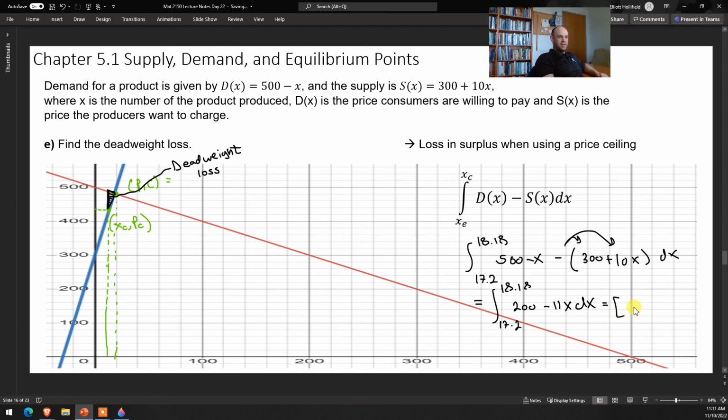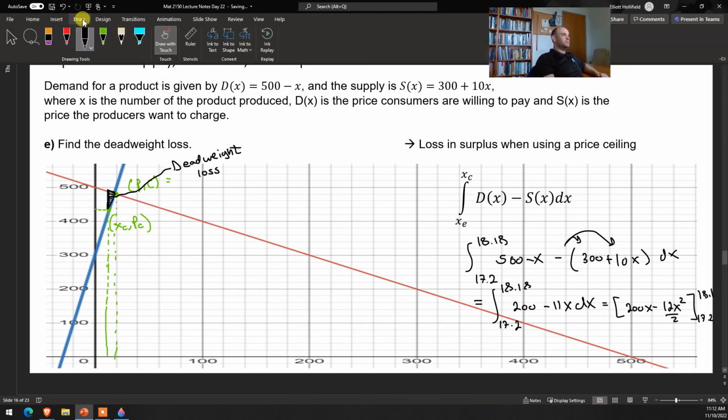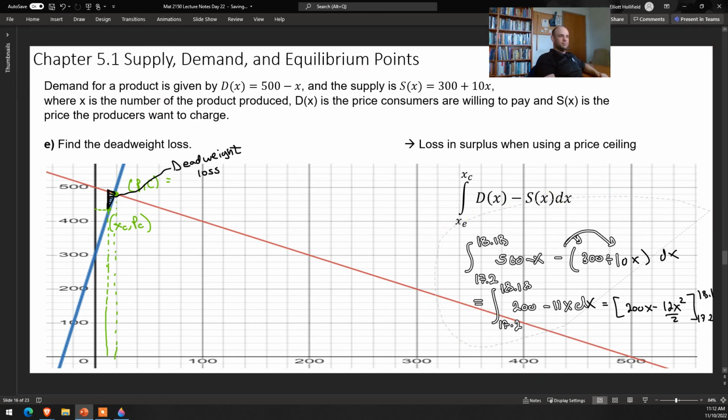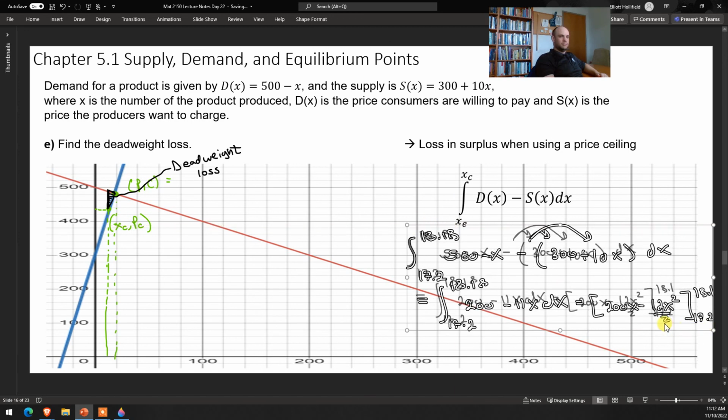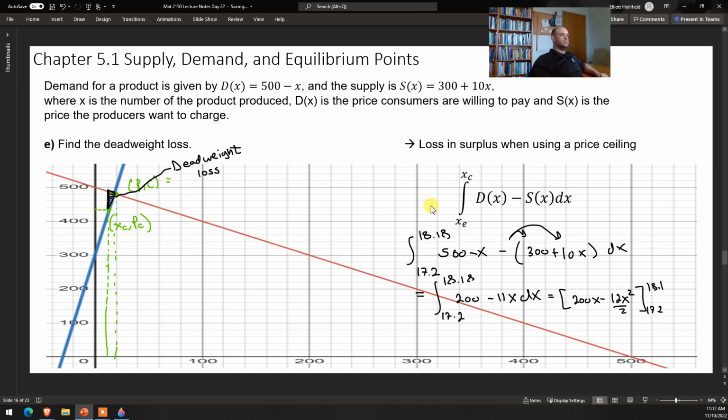Now we can find our antiderivative of 200x minus 11x squared over 2 and evaluate that from 17.2 to 18.18. Let's do that evaluation.